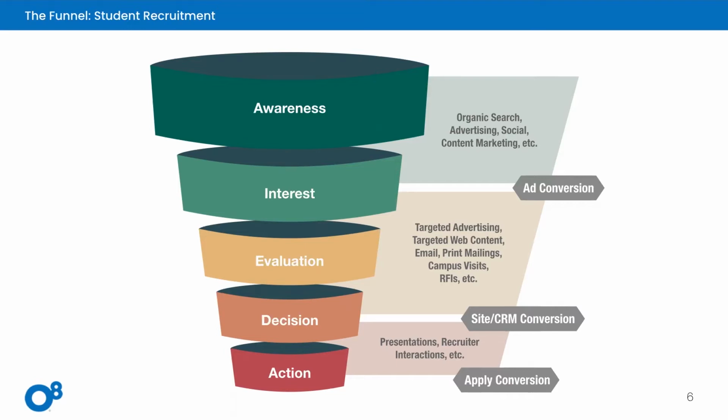The smaller micro conversions that may indicate that a prospect is engaged and interested, all the way up to the macro conversions highlighted here around ad conversions, site or CRM conversions, and then the big one, the actual apply conversion. This deck and this talk will help us to map this out, and then hopefully you can take home a plan to begin conversations with your teams around filling in the gaps here.